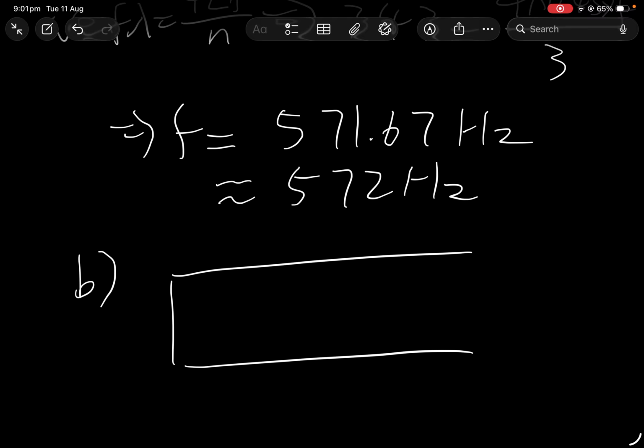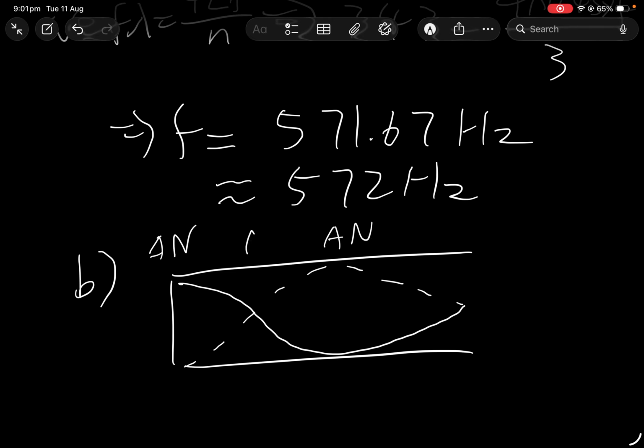Normally, if it's a displacement graph, it'll look like that. But because it's pressure, it looks like this. Pressure is different, so this is an antinode, node, and node.